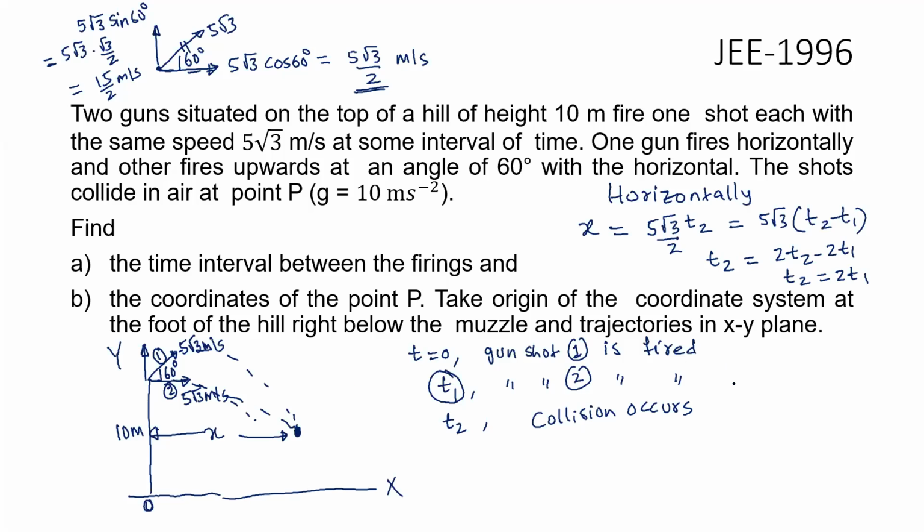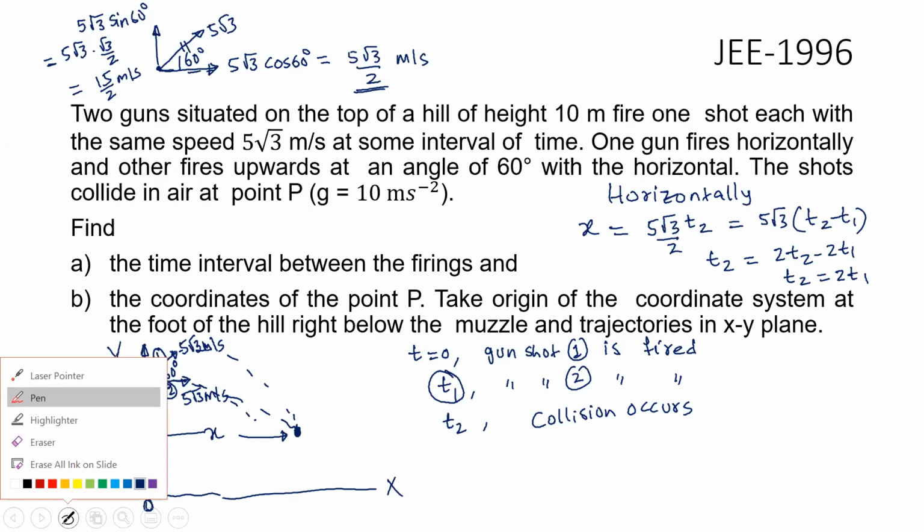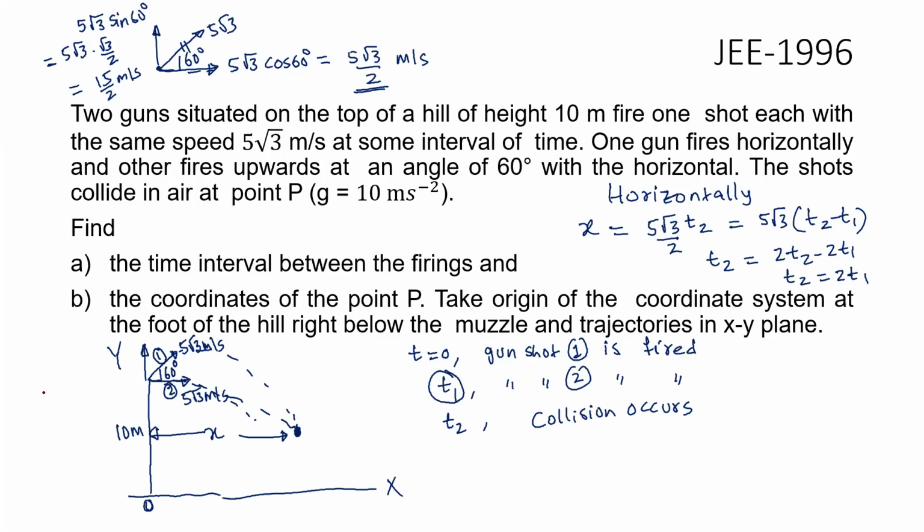Now, let's say t1 as maybe some t, because we want to find the time interval between the firings. So that is our t1. Okay, so let's take that t1 as t. And then t2 becomes 2t. Are you guys with me?